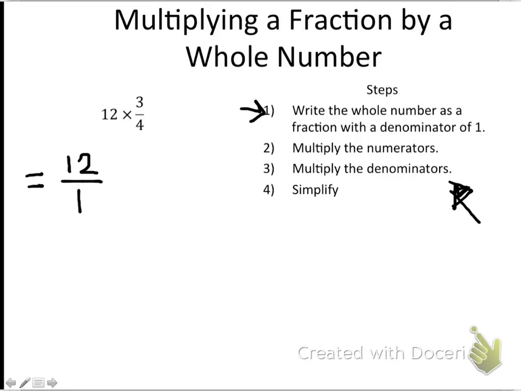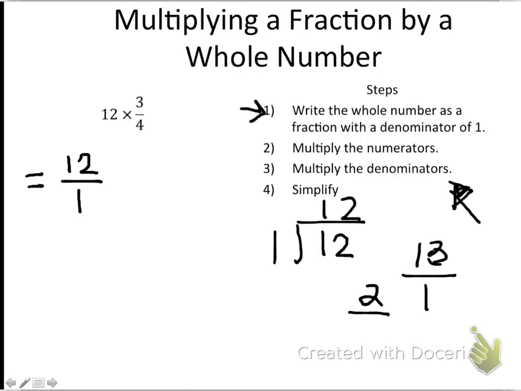If you're wondering why we're able to do that, remember that a fraction just means the numerator, 12, divided by the denominator. 12 divided by 1 gives 12. So you can write any whole number as a fraction by writing the number over 1. So if it was 13, you just write 13 over 1, or 2, it would be 2 over 1.